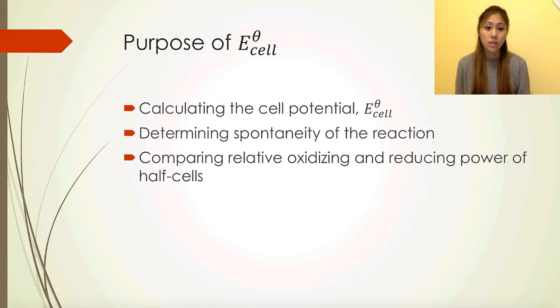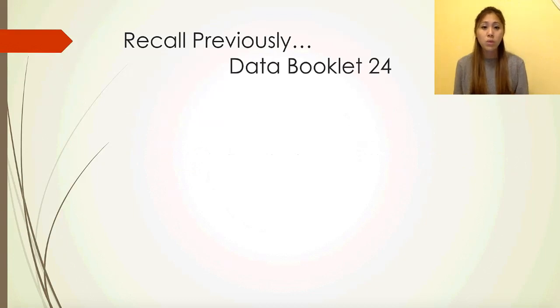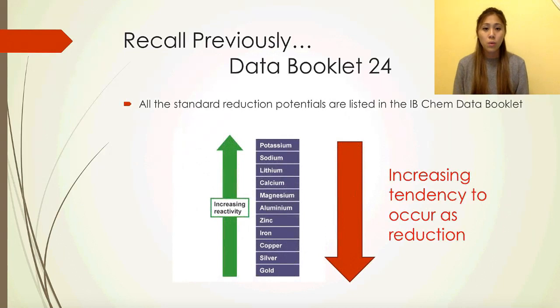Lastly, we're going to look at comparing relative oxidizing and reducing power of half cells. So recall previously again, data booklet, table 24. We have a list of all the standard electrode potentials. What we need to remember is that the electrode potentials go from more positive all the way to negative. When the electrode potentials are positive, recall positive means it becomes reduced more often, so it's at the cathode more often, right?